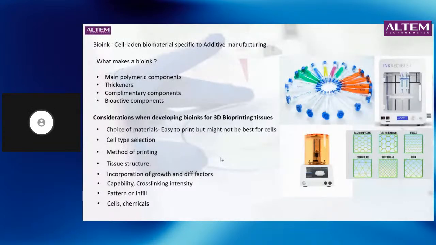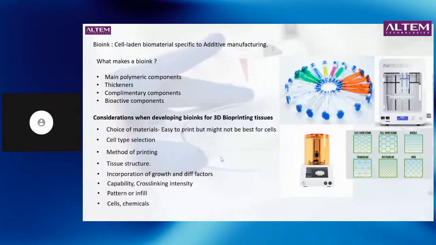So we have some common names. We have honeycomb, we have grid, we have rectilinear, we have triangular. We have many such standard structures, and there's also percentage among them. You can have 5% infill, 10% infill.